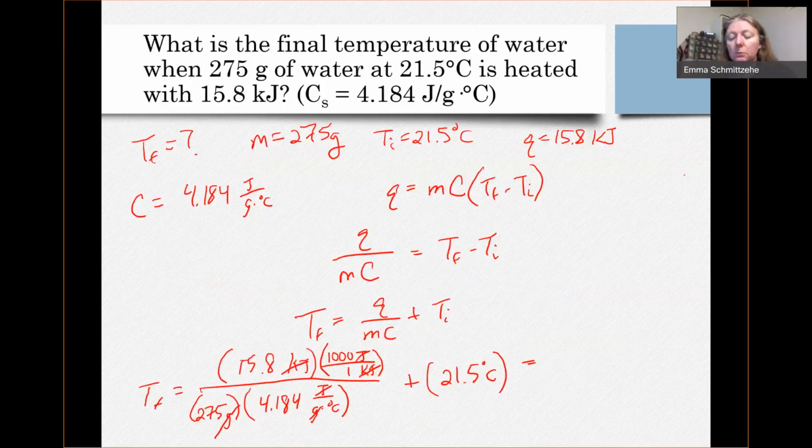So I'm going to take 15.8, multiply it by 1,000, then divide it by 275, and divide it by 4.1.